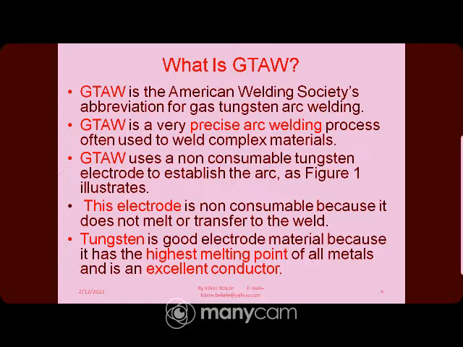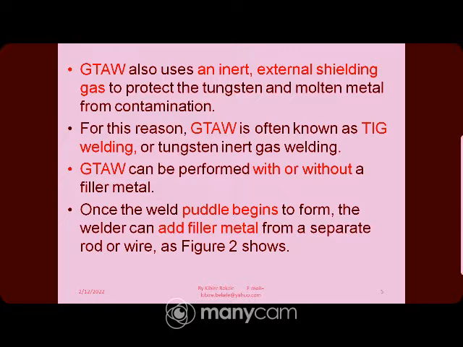This means the heat we are using for melting the metal during the welding process does not melt the electrode. Gas tungsten arc welding also uses an inert external shielding gas to protect the tungsten electrode and molten metal from contamination.